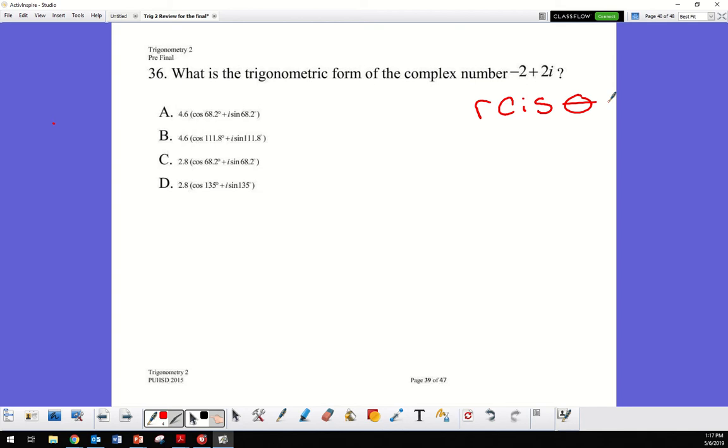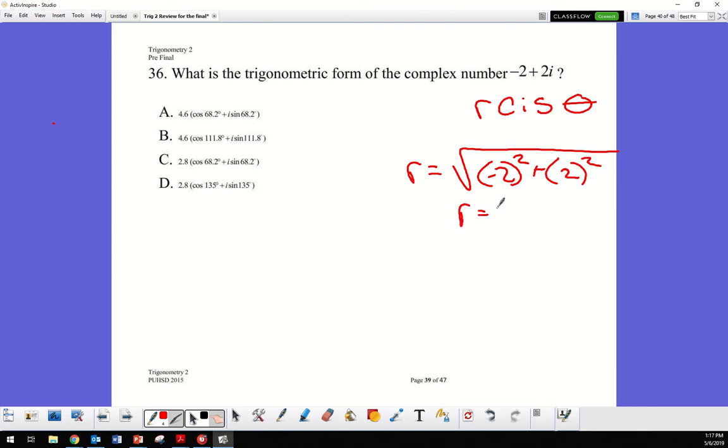So on this one, I'm going to go through and actually start doing this. First thing is, let's find the r. r would equal the square root of negative 2 squared plus 2 squared, where r is going to be square root of 8. What is square root of 8?